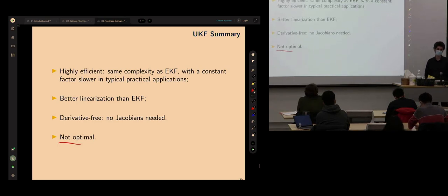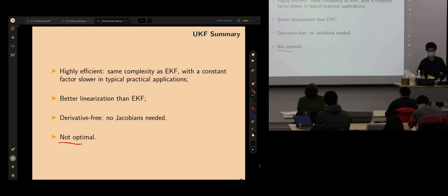Well, EKF came first. You need to look at it in a historical context, first of all. It wasn't that UKF was sitting around and somebody said, well, I have a new idea, let's do EKF. No. It was the Kalman filter, then the extended Kalman filter, then the unscented Kalman filter, with maybe 5, 10 years of difference.